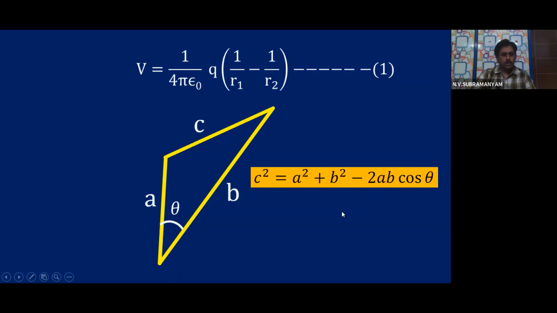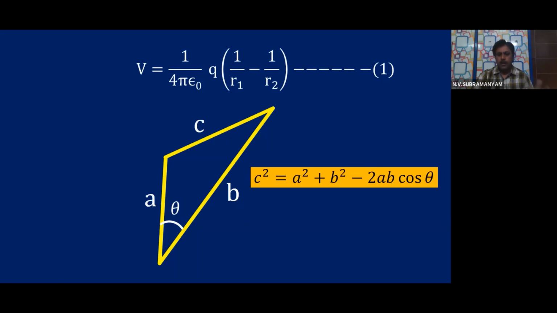MPC students will already know this, because they learnt it in the first year in their trigonometry section. BPC students, please remember, it is very easy to learn also. C square, the side opposite to theta, is equal to A square plus B square minus 2AB cos theta.